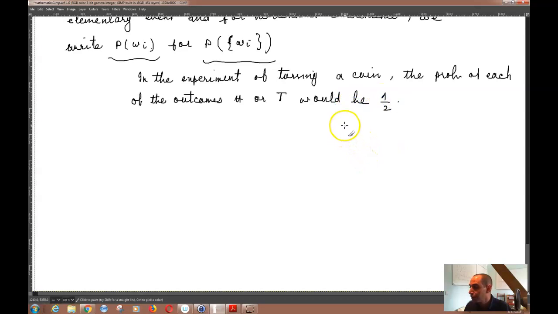That is, P of heads is equal to 1/2 and P of tails is equal to 1/2.